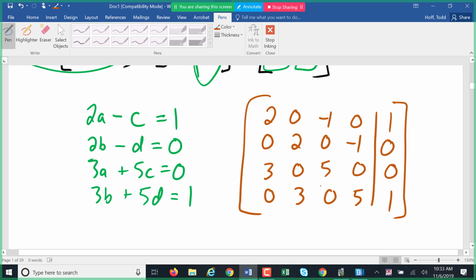So this matrix here can be solved to find A, B, C, and D.